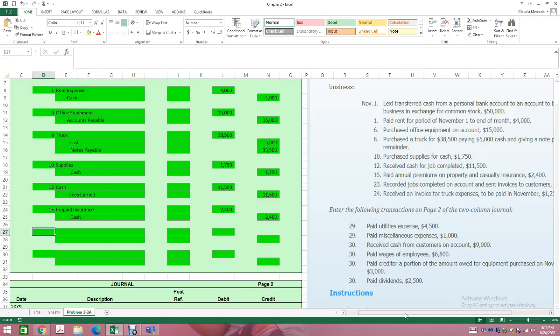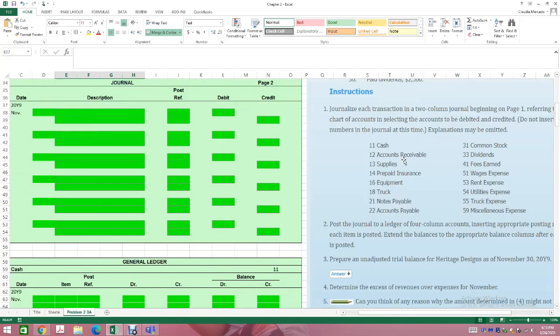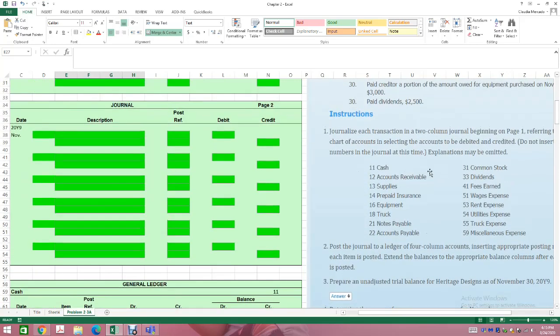Okay, 23. So whenever you perform a job or you do a service and the customer hasn't paid you, they're going to pay you at a later point in time. We always use an account called accounts receivable. That means that we're going to be receiving money at a future point in time. It starts with a 1, which means it's an asset.